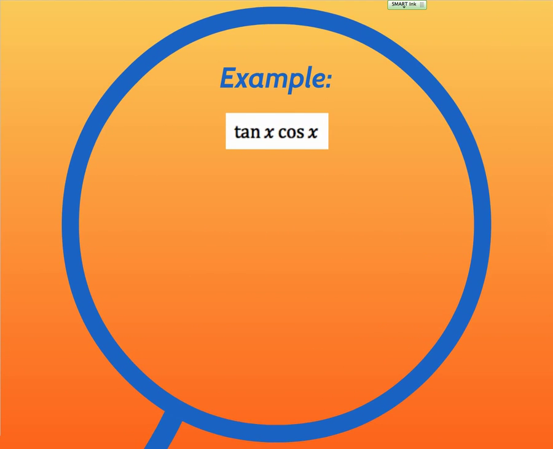So tangent of x times cosine of x, how can we simplify that? Well, what can we substitute in for tangent? Yeah, sine over cosine. So tangent would become sine of x over cosine of x.